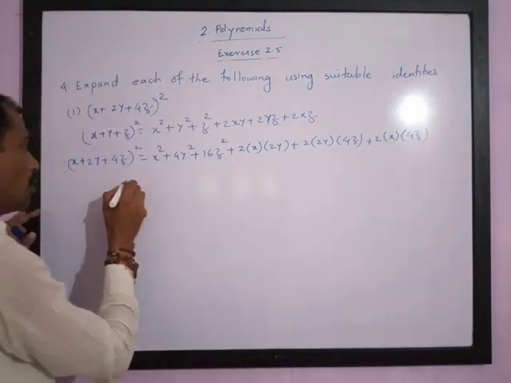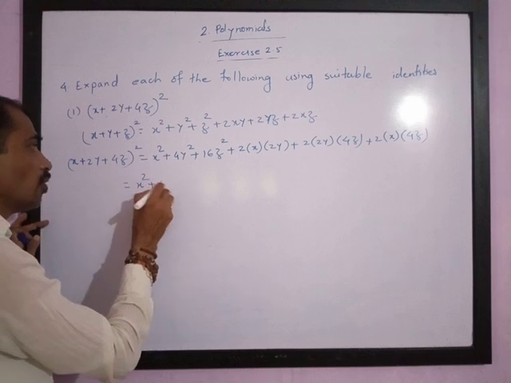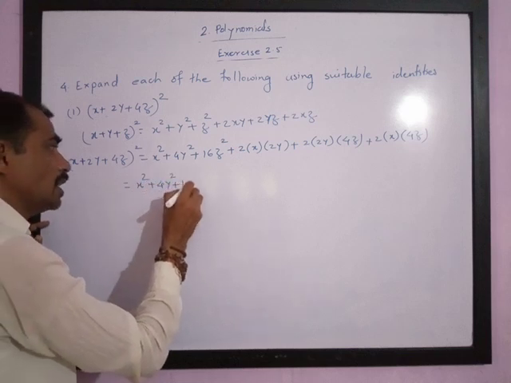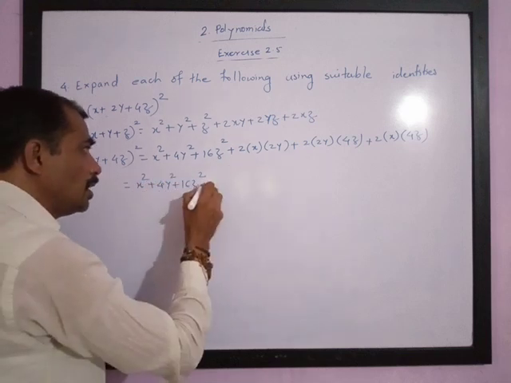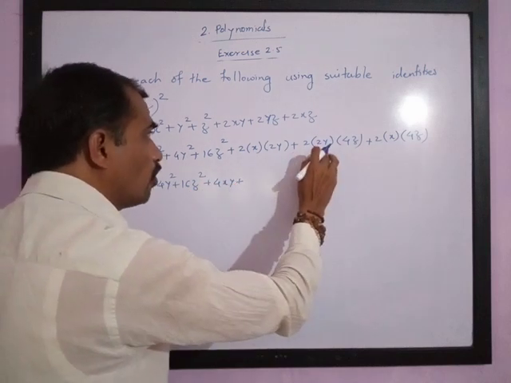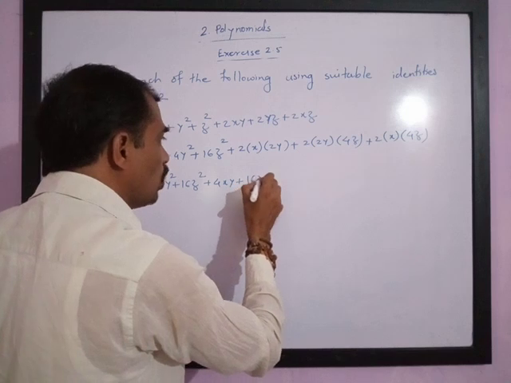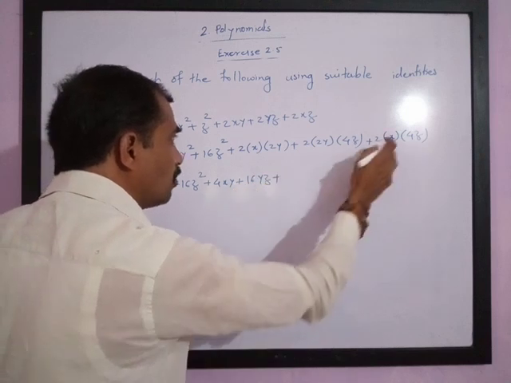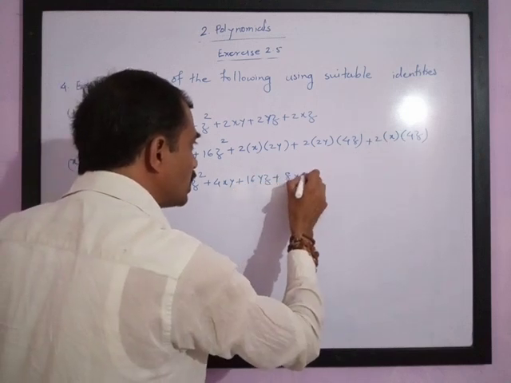So this is equal to x square plus 4y square plus 16z square plus 4xy plus 16yz, and last term will be plus 8xz.